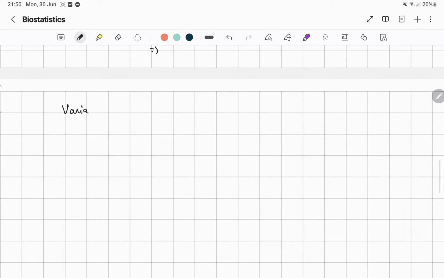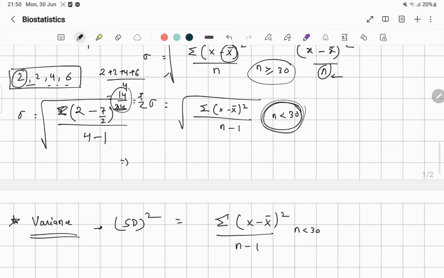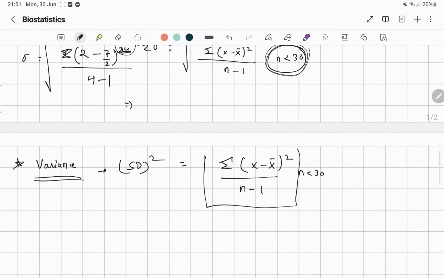Another thing is variance. Variance is basically the square of standard deviation. So it is the summation of (x minus x bar) whole square by n minus 1 if n is less than 30. You just remove the root. So variance is the square of SD.